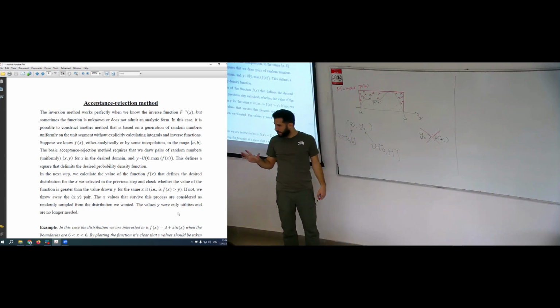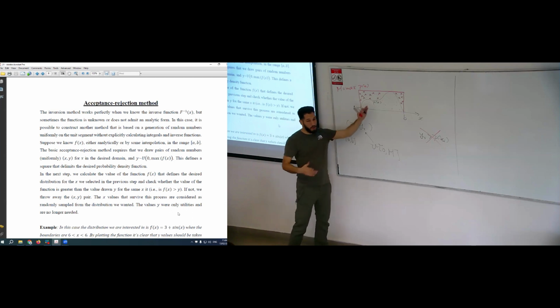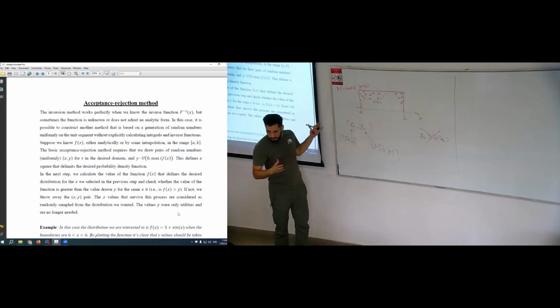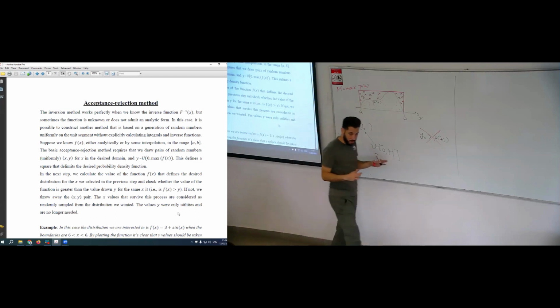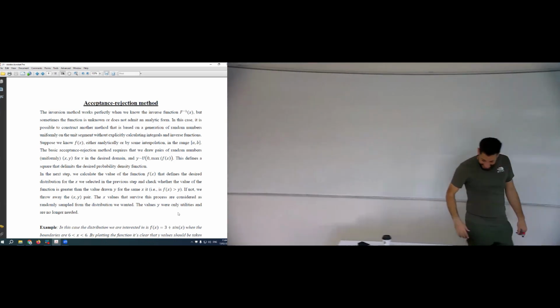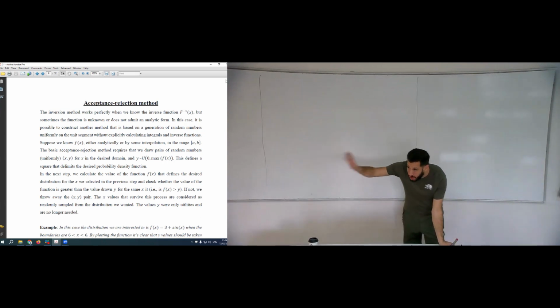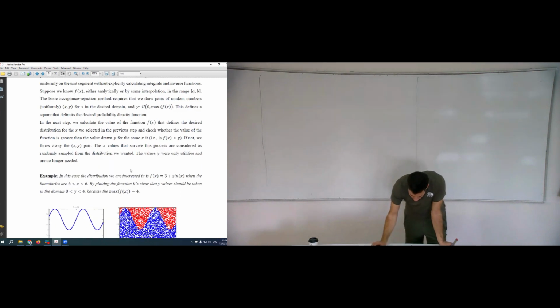But we have to prove it. But if I use it for many points, you somehow see it. We didn't prove it yet, but that's the method. We will prove it after that, today. So that's my method. The x's that are left are distributed as I wanted.